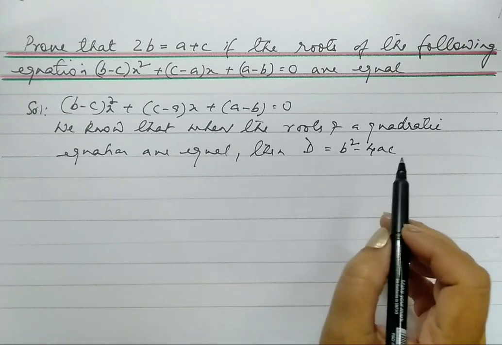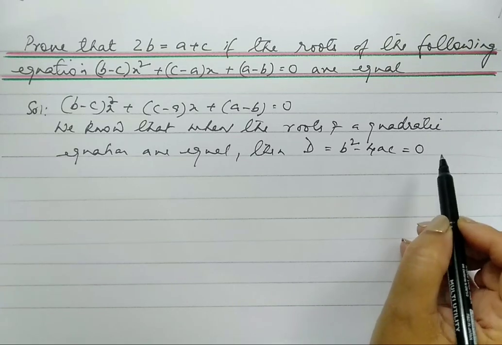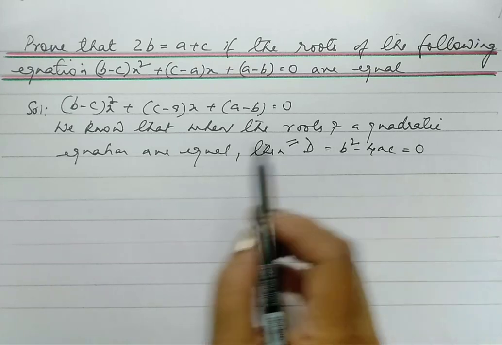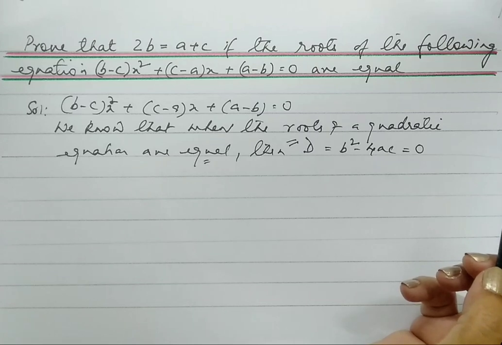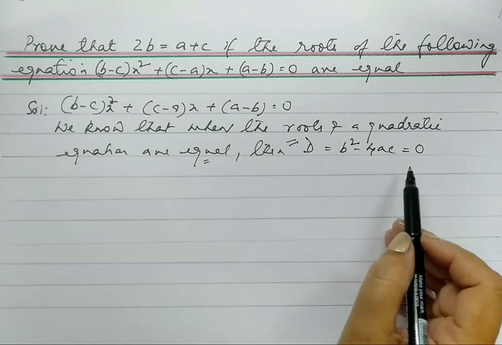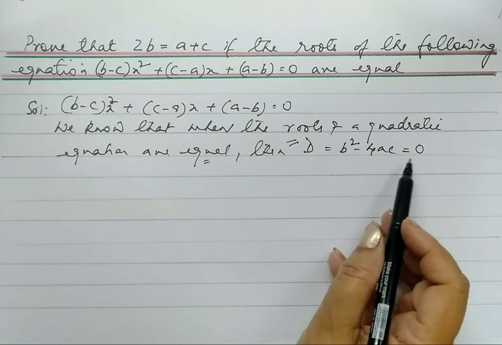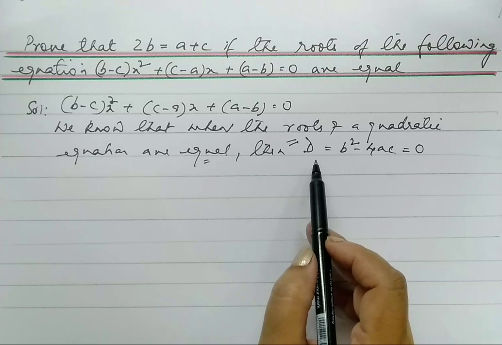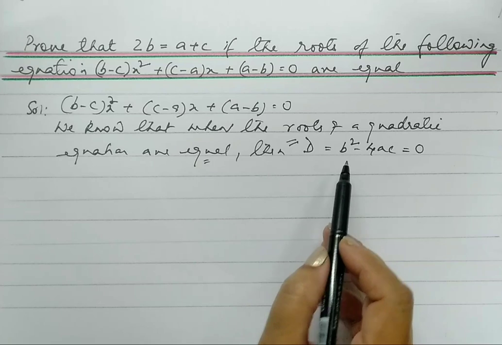Now this will also be equal to 0 when they claim that the roots of a certain quadratic equation are equal. Correct? So we can easily solve now because we know that b square minus 4ac equals 0, which is nothing but the discriminant, which we write as a capital D. What is our b?